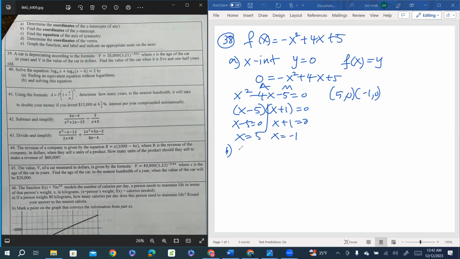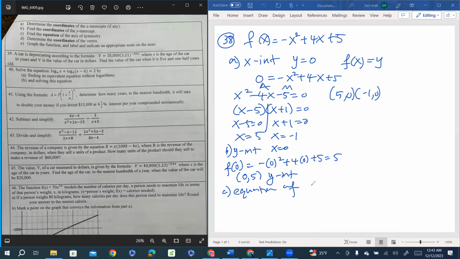Part B, we want to find the y-intercept. For the y-intercept, we know x value is 0. So f of 0 equals negative 0 squared plus 4 times 0 plus 5. We just get 5, so 0 comma 5 is the y-intercept. C is the equation of axis of symmetry. The equation of axis of symmetry is x equals negative b over 2a.